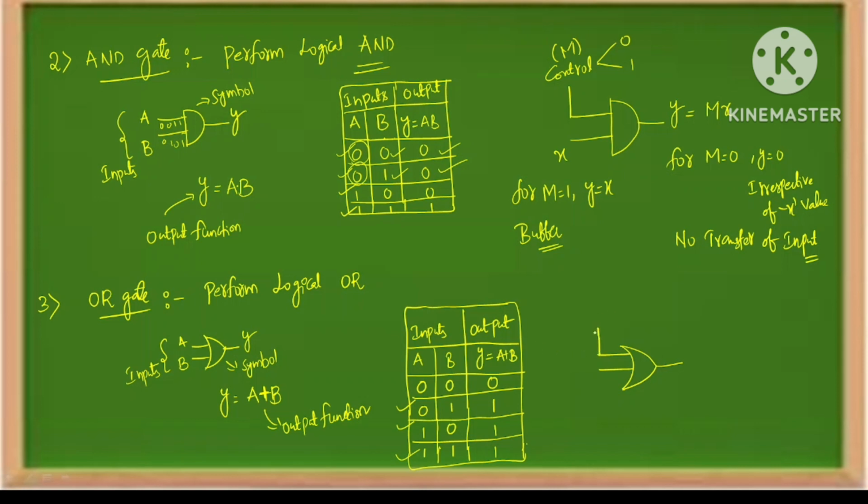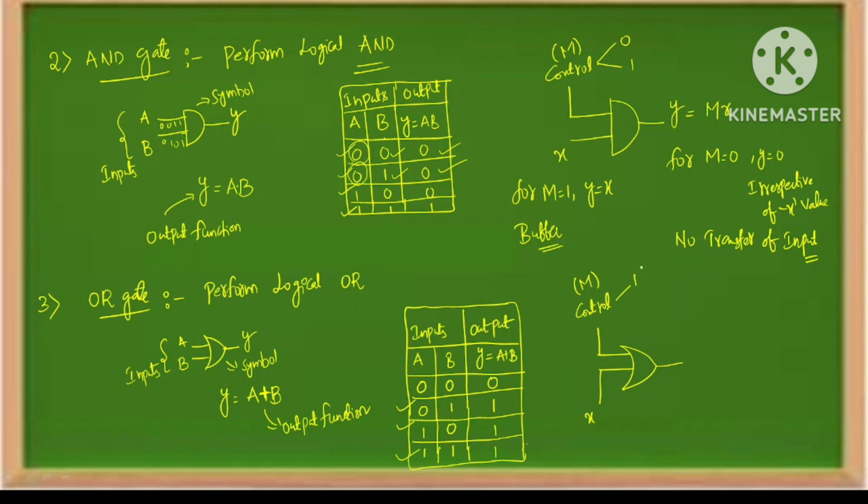I am considering one input as the control input and another input as X. So this is the control input. What happens if the control input is 0 and what happens if the control input is 1?